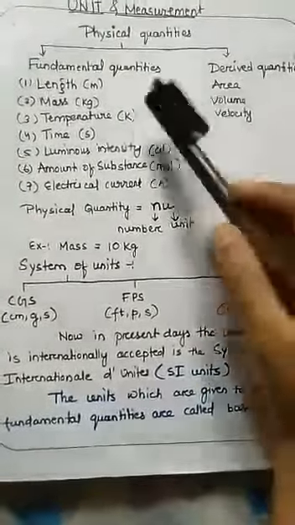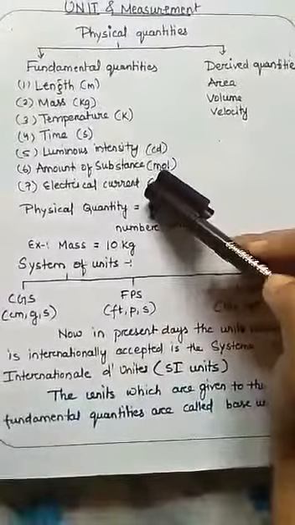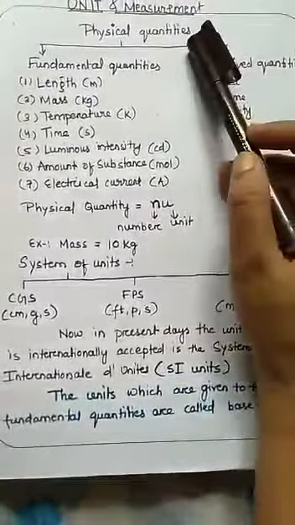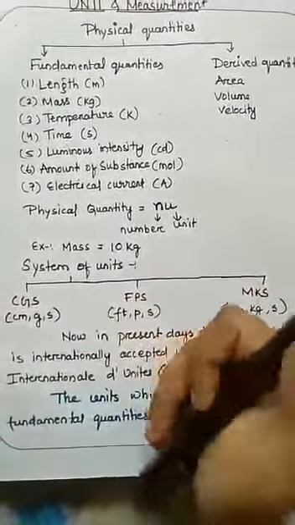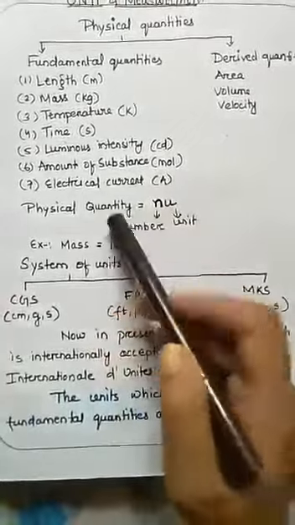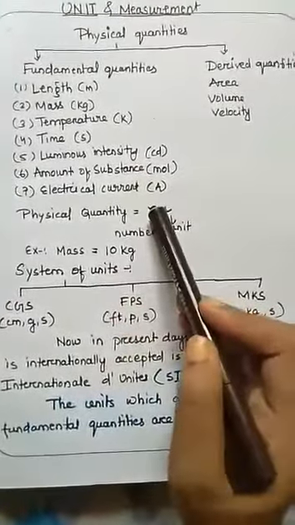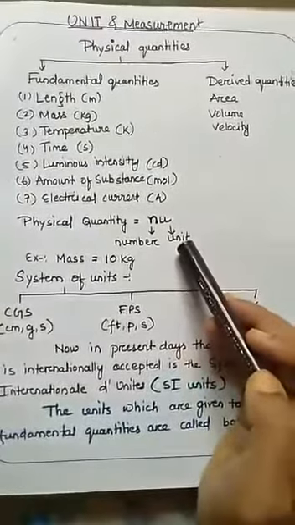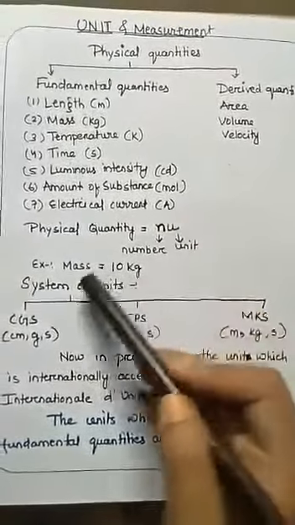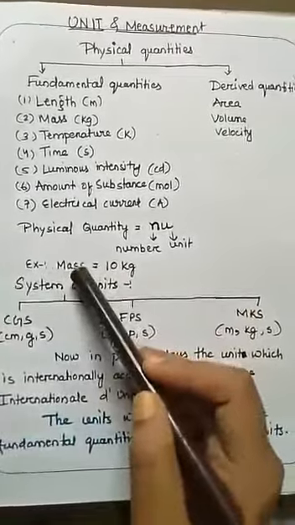Next, these are the 7 physical quantities, and how do we represent a physical quantity? A physical quantity is represented by a numerical value with a unit. Suppose I have given here an example, mass.